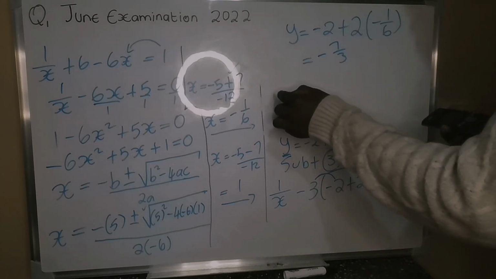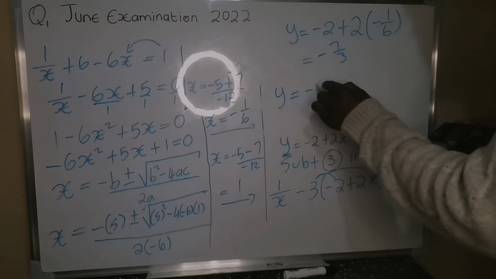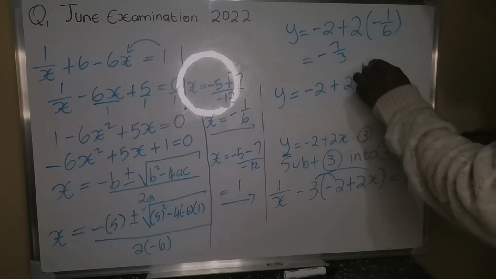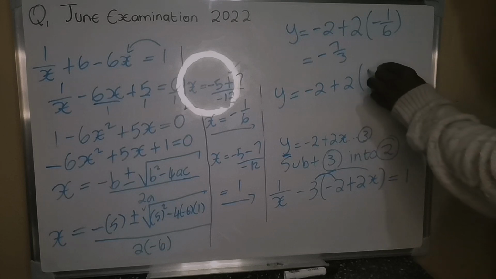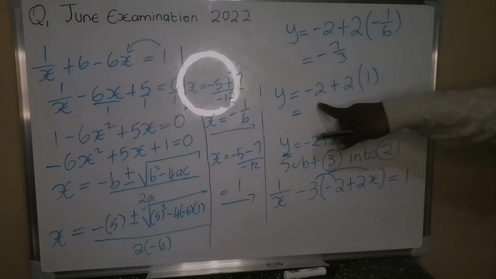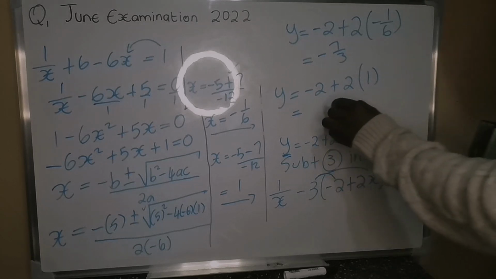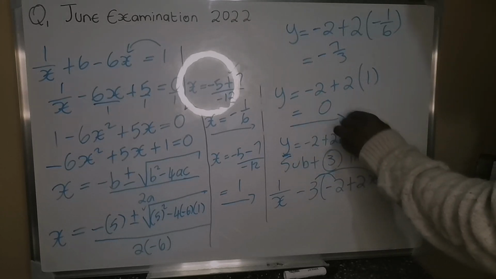Then my second value of y is negative 2 plus 2 times 1, which is 0. Therefore, you are done.